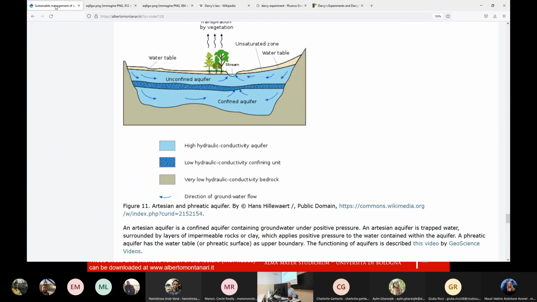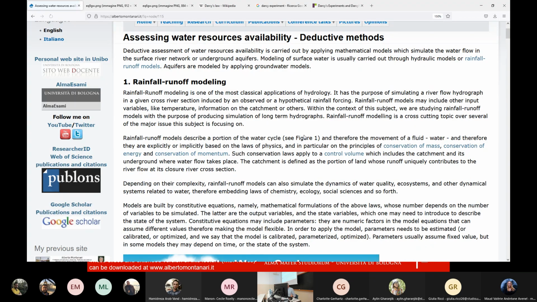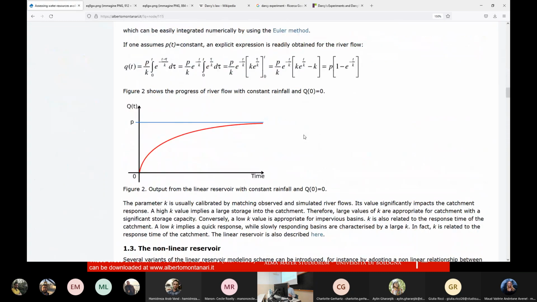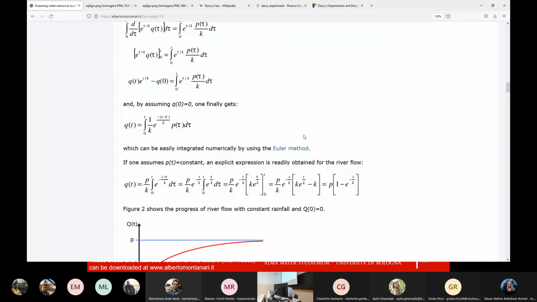Second question that I got: should we learn this formula by memory for the exam? So, first, in principle, I don't require that you learn anything by memory.